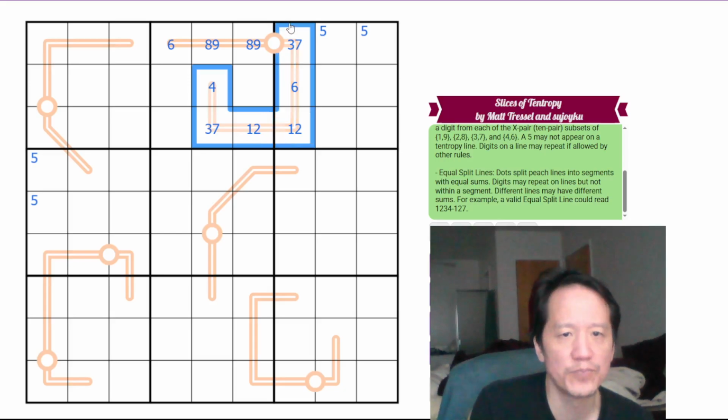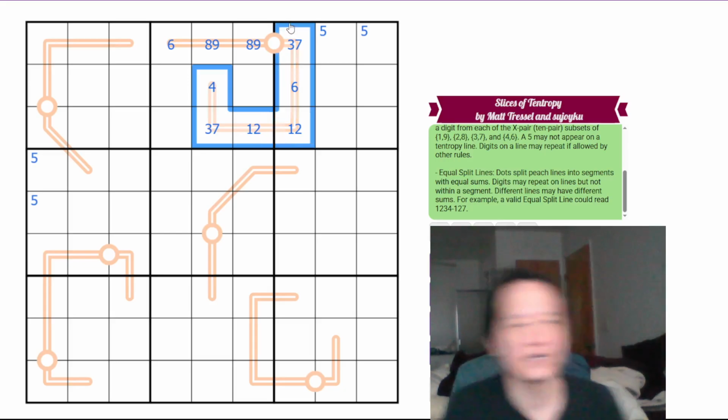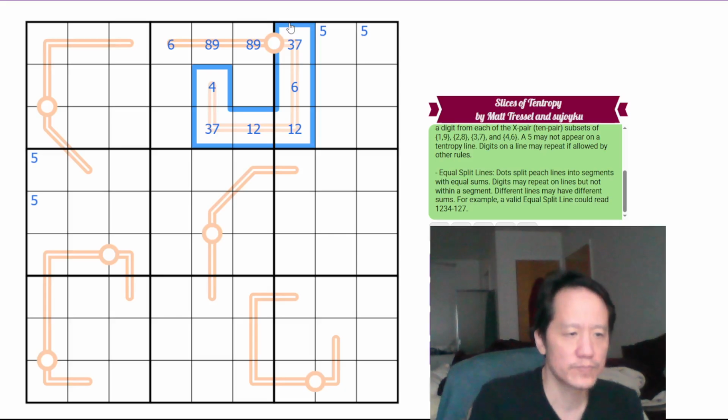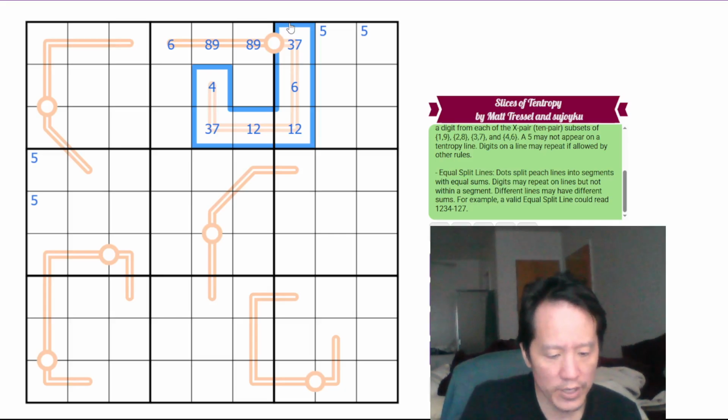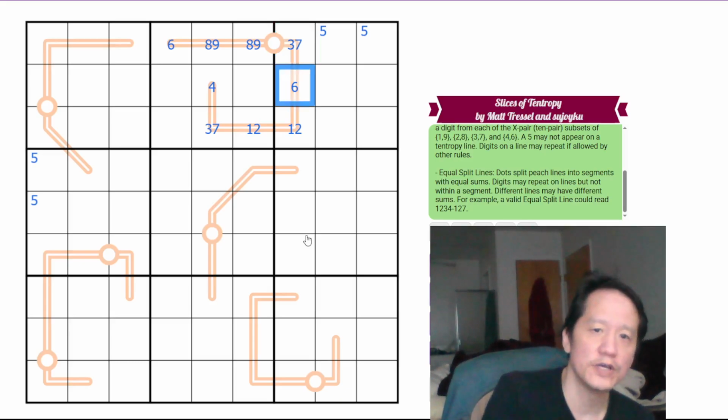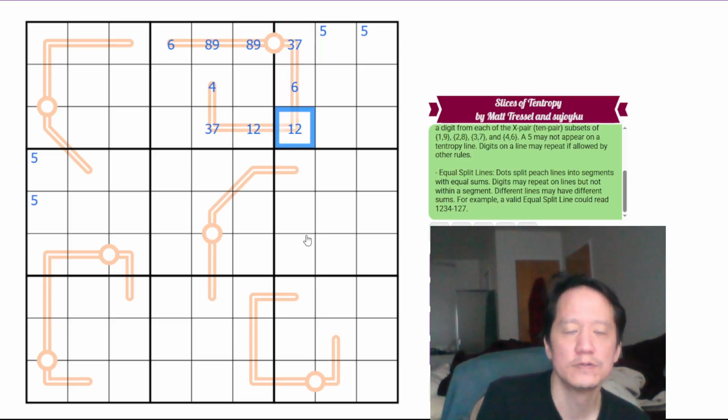6, 7. If we had 7, 8, and 9, we would have 1, 2, 3, 4, 6, 8. So the 8 would have to be one of these. This would be 7, 8, 9.